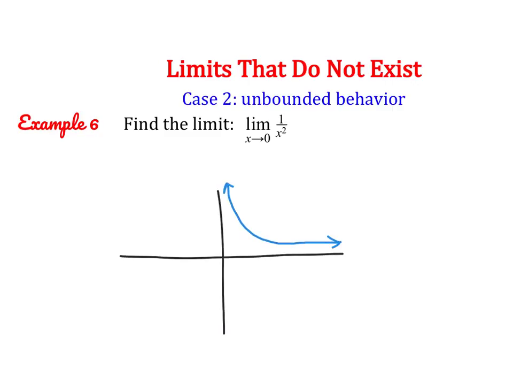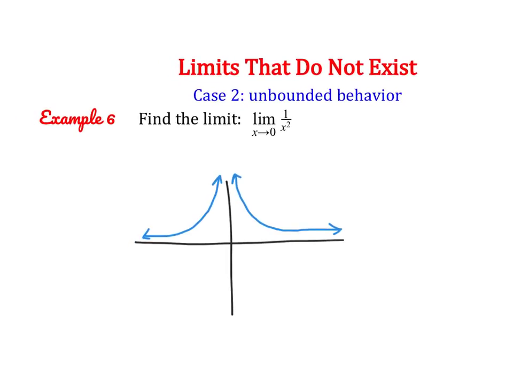So this is a rational function. Now, if I do the negative values, typically with rational functions, we have something that looks like this. But you'll notice that we have x squared in our denominator, which is making our values positive. So it's going to end up looking like this. You can see as x approaches 0, our graph is just going up forever and ever. Our graph is essentially approaching infinity.